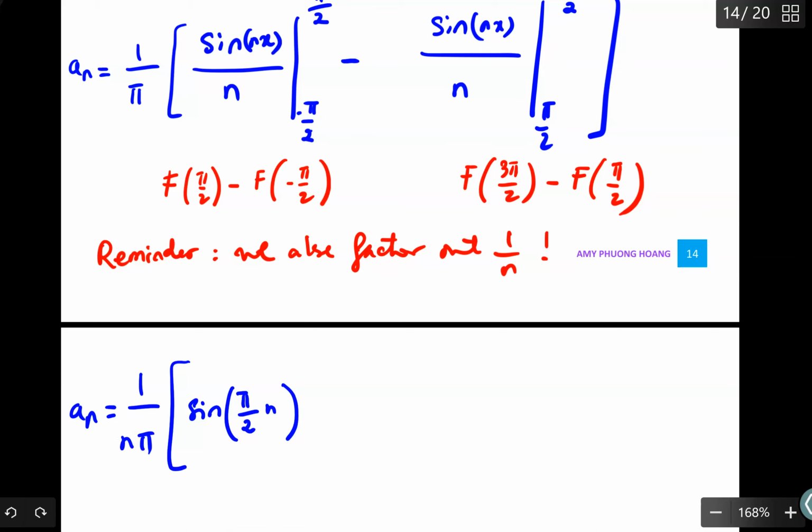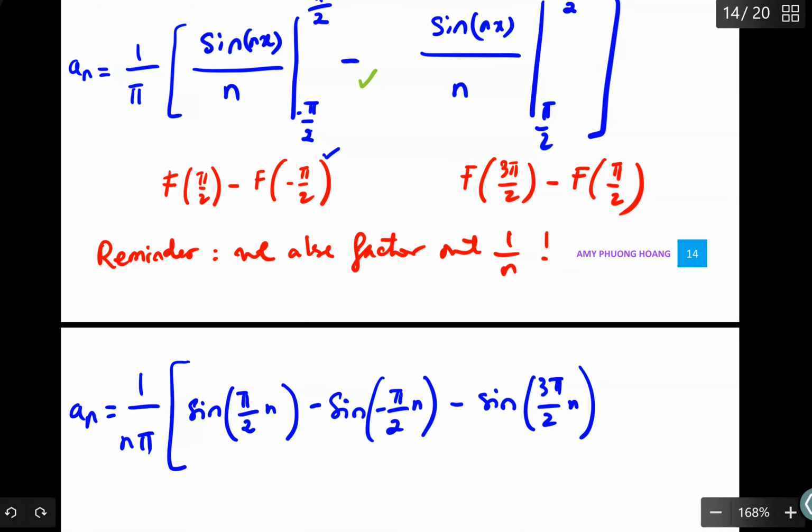That will give me sine of pi over 2 times n in the bracket, subtract sine of the next term, so sine of negative pi over 2n. Now I will subtract sine of 3 pi over 2 times n, and because of the negative with a negative, my next term should be a plus, so I should have sine of pi over 2n, close the bracket.